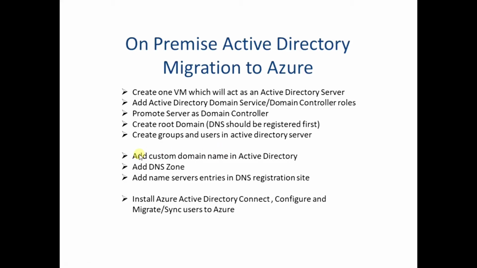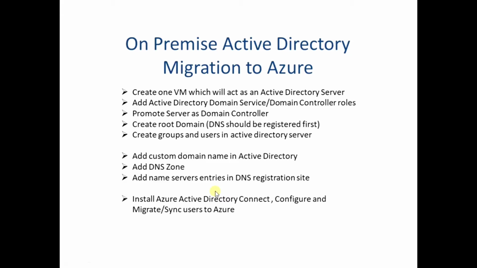These steps are adding a custom domain name in the Active Directory, adding a DNS zone, and adding name server entries in the DNS site. Once all these steps are done, we are ready to install Azure AD Connect, configure it, and finally migrate and sync users to Azure.